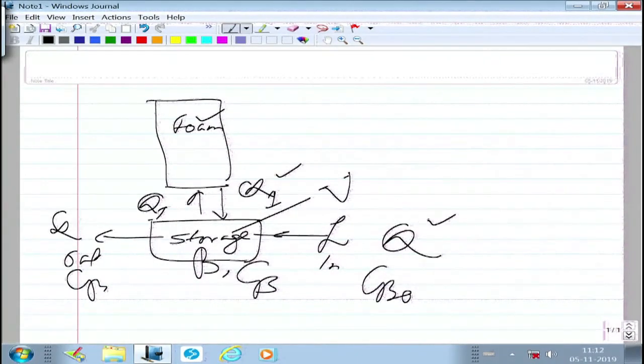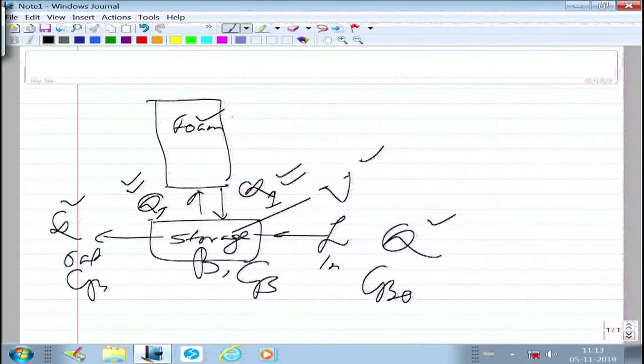So, the flow rates have to be equal. The cross flow Q in and out should be equal. The flow rate of liquid going into foam section and returning into storage section should be equal.